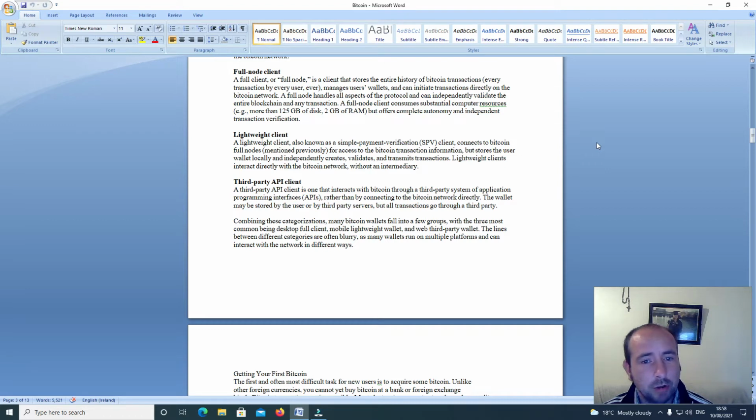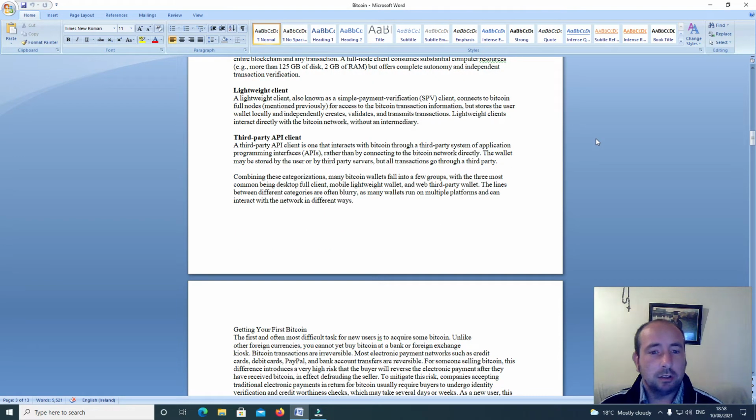A full node handles all aspects of the protocol and can independently validate the entire blockchain and any transaction. A full node client consumes substantial computer resources, e.g. more than 125 gigabytes of disk and 2 gigabytes of RAM, but offers complete autonomy and independent transaction verification.